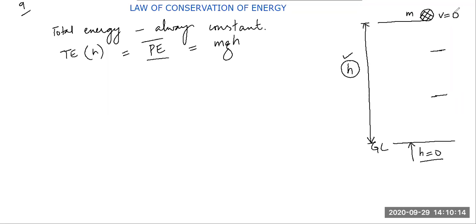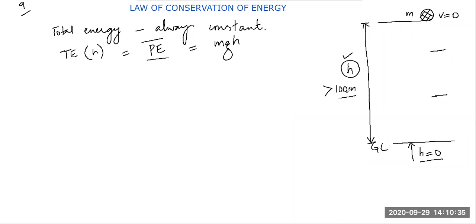Velocity is 0. When the ball passes through this point after dropping, or touches the ground, will the velocity be constant or changing, especially if this height is more, let's say 100 meters?